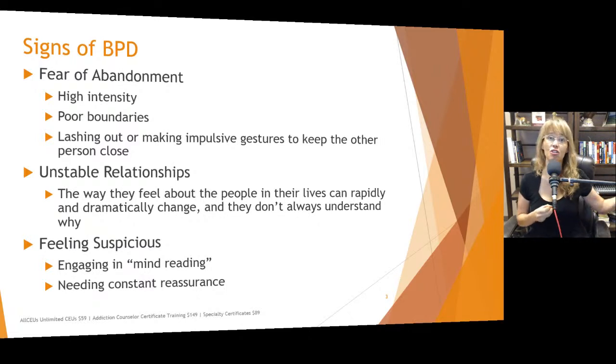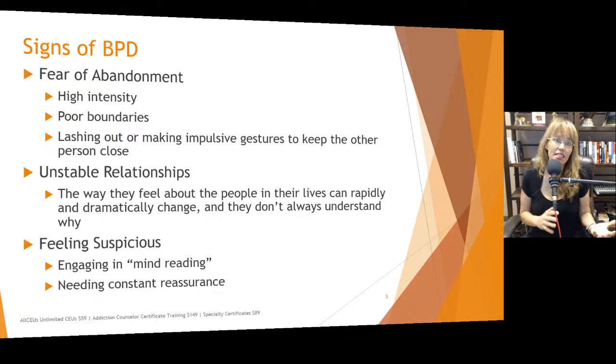I know that you were looking at her, wishing that you were with her instead of me, or I know that you wished this, that, or the other. That type of mind reading behavior and trying to tell you what you're thinking is another sign of borderline personality disorder, because the person is trying to anticipate the future. They're trying to plan, to expect, so they're not caught off guard.